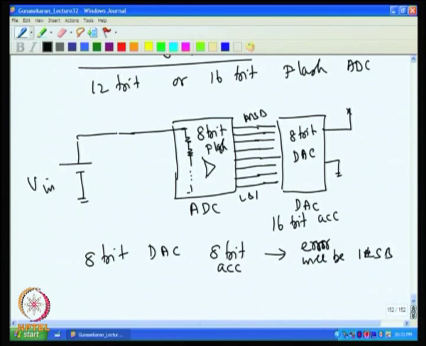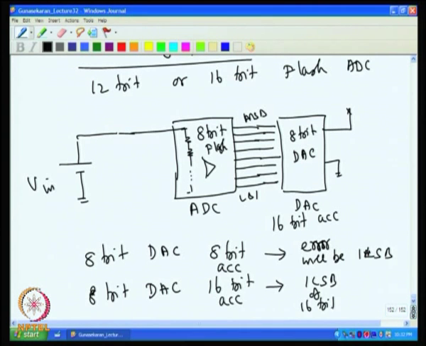Whereas if I look at an 8 bit DAC with 16 bit accuracy, this will have an error which will be 1 LSB of 16 bit, not 1 LSB of 8 bit.